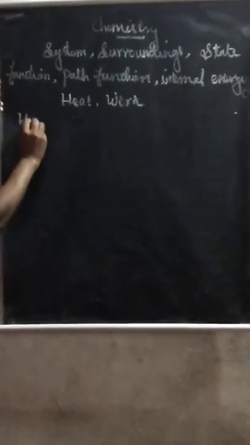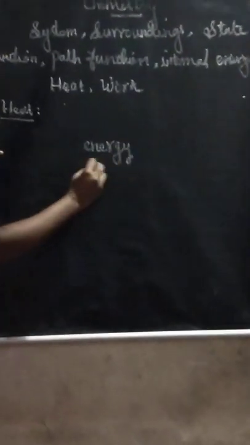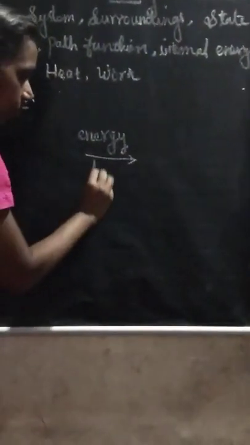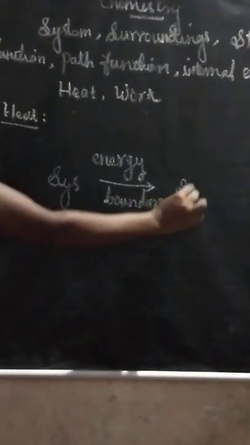Heat and work. Here the first topic is heat. Listen. Heat is defined as energy across the boundary separating a system from its surroundings.